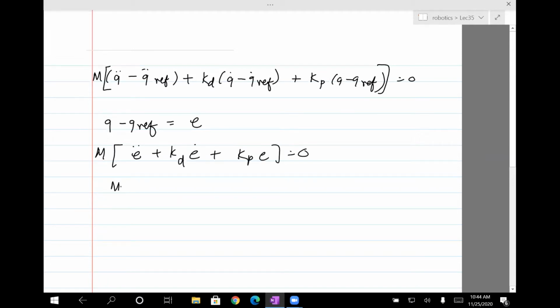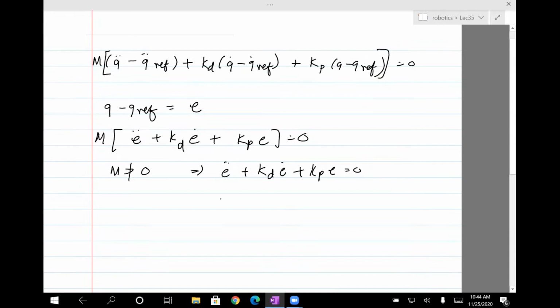And since m is not equal to 0, the mass matrix is not 0, we can see that e double dot plus kd e dot plus kp e equals 0. So this is similar to our expression we wrote down earlier. We wrote down q double dot plus kd q dot plus kp q.